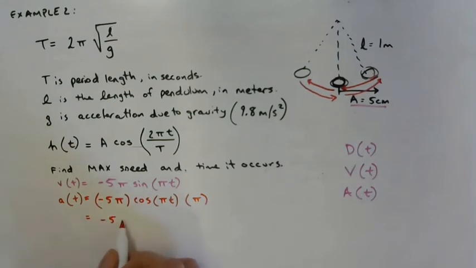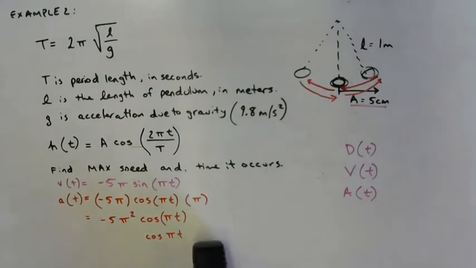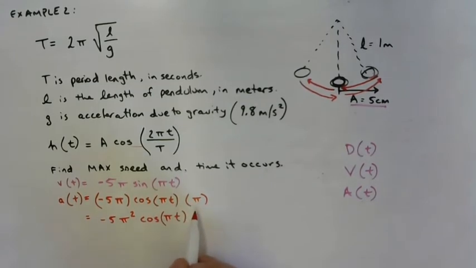So we have negative 5 pi squared times the cosine of pi t. You don't actually really need these brackets because pi is just a number. You could just write this, and it means the same thing. But I find it's easier, especially if I'm going to write another variable there.